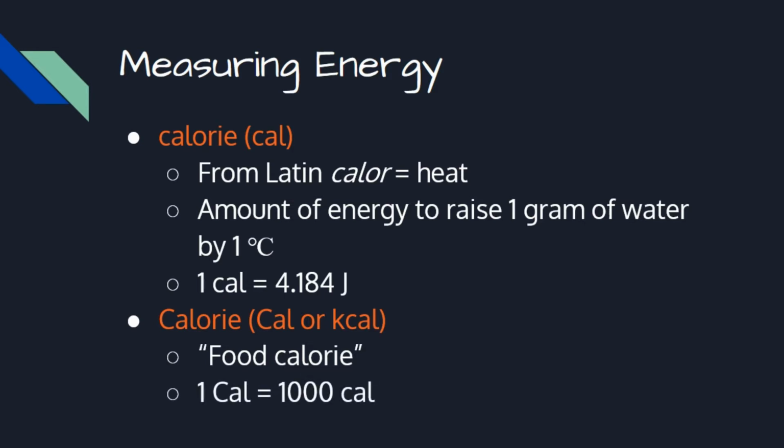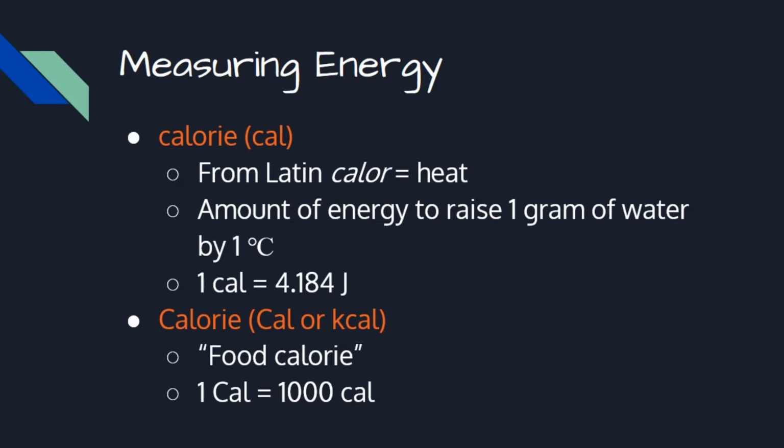So on the package of your food, when it lists the calories, those are actually kilocalories. So you have to multiply that by 1,000 to find out the actual amount of calories in your food. So if you have something that's, for example, 20 calories, it's actually 20,000 calories.